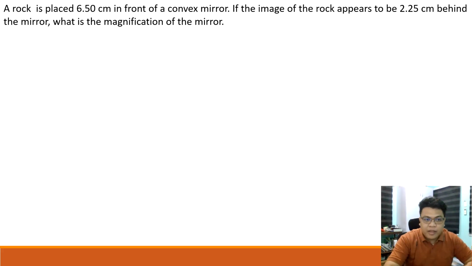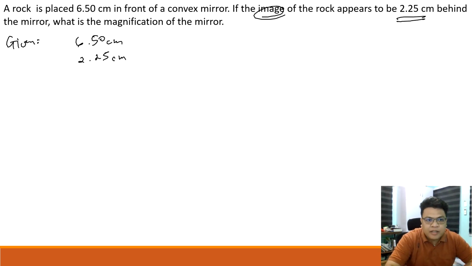Let's start with the given. We have 6.50 centimeters and 2.25 centimeters, which are the distance of the object and the distance of the image. Based on our problem, the 2.25 centimeters is the image, so this is DI.